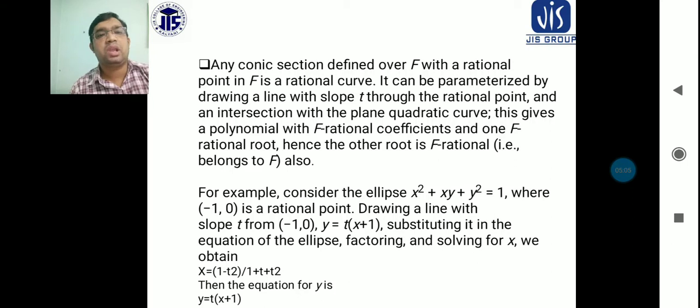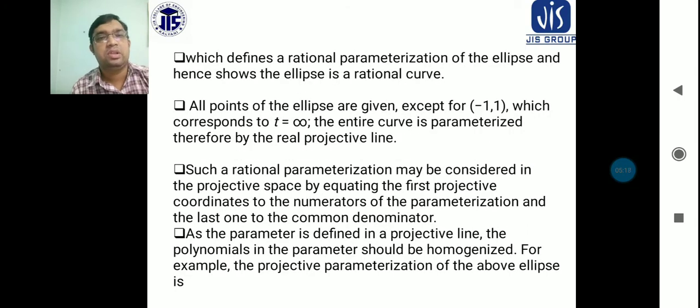From this equation we have to calculate the different values by putting them into x squared plus xy plus y squared equals 1. You also have to consider this rational curve, which defines rational parameterizations of the ellipse, and hence shows the ellipse is a rational curve. All these conic sections are considered rational curves. That means the ellipse is a rational curve.